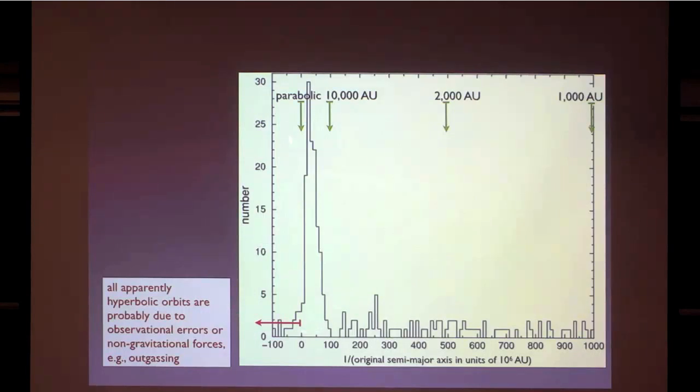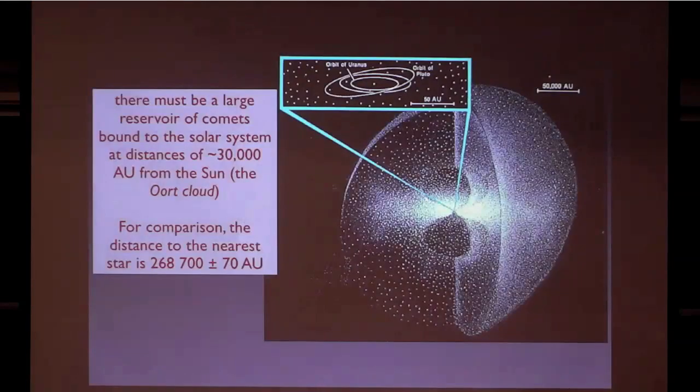That in turn means that most of the comets that we're seeing coming from large orbital periods are coming from a limited range of semi-major axis somewhere outside of 10,000 astronomical units. And that leads to the conclusion that the reservoir for these comets is distinct from the Kuiper belt.